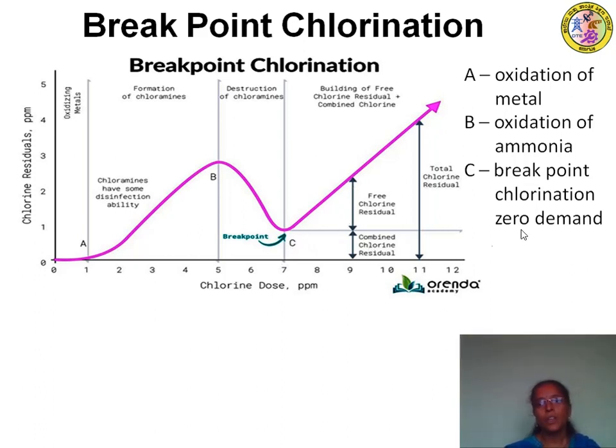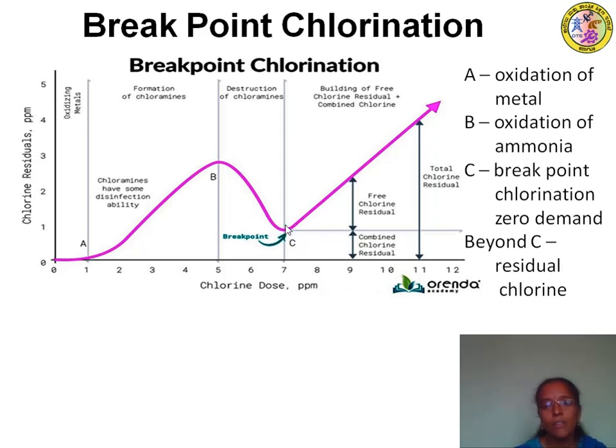As I already told, it is zero demand. That means at breakpoint chlorination, the chlorine required for disinfection of impurities will be 0. Therefore it is called the zero demand point. Beyond C, whatever chlorine you have applied will be left as residual chlorine. So this is breakpoint chlorination.